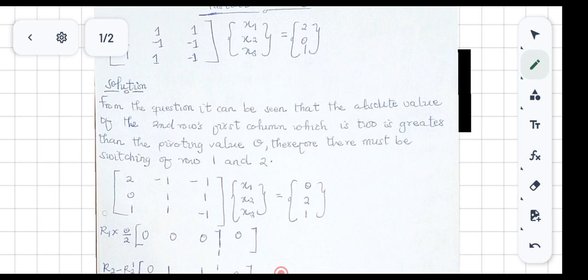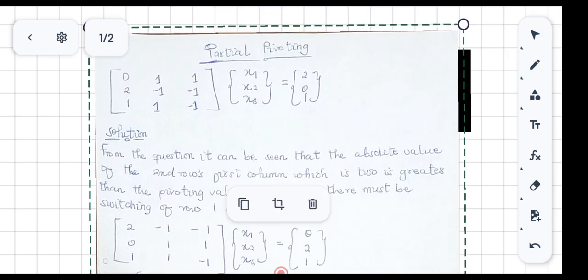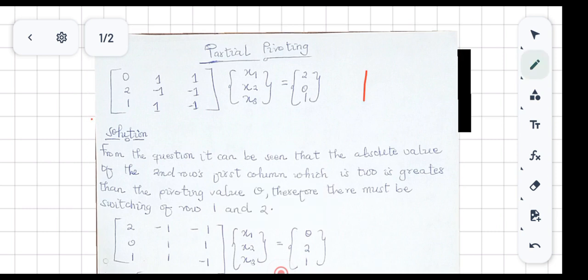Okay, so you can see I have interchanged, or switched, row 1 and row 2 because the absolute value of 2 is greater than that of 1 and 0, right? So this was the main question.